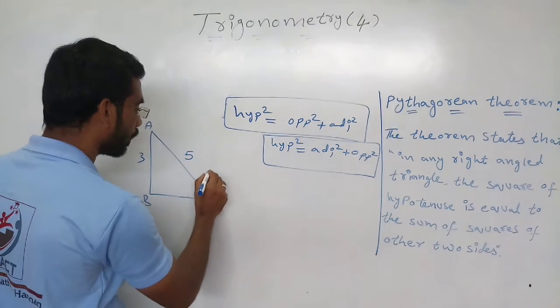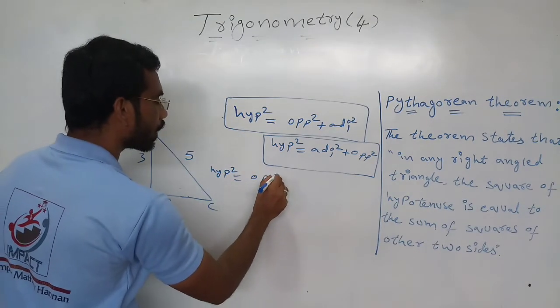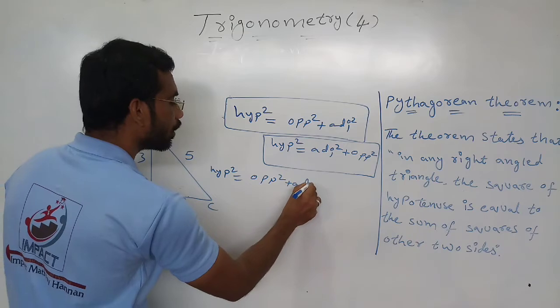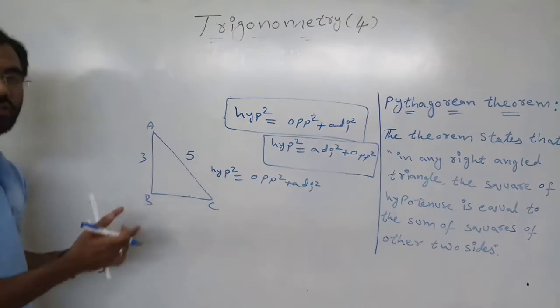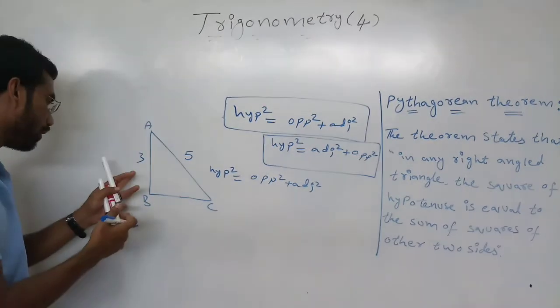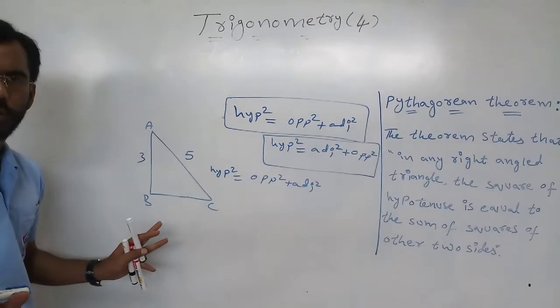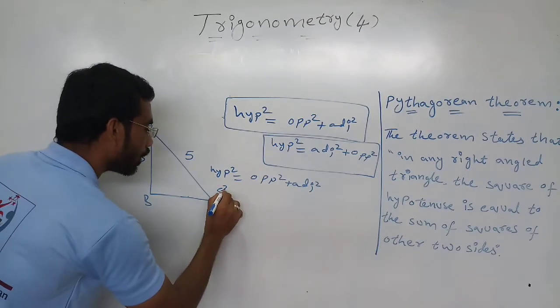What do we have to do for this one? Hypotenuse square is equal to opposite square plus adjacent square. See, you can make either this one or this one opposite, because the angle is not mentioned. So you can take either as adjacent or as opposite, no problem. Hypotenuse is 5 square.